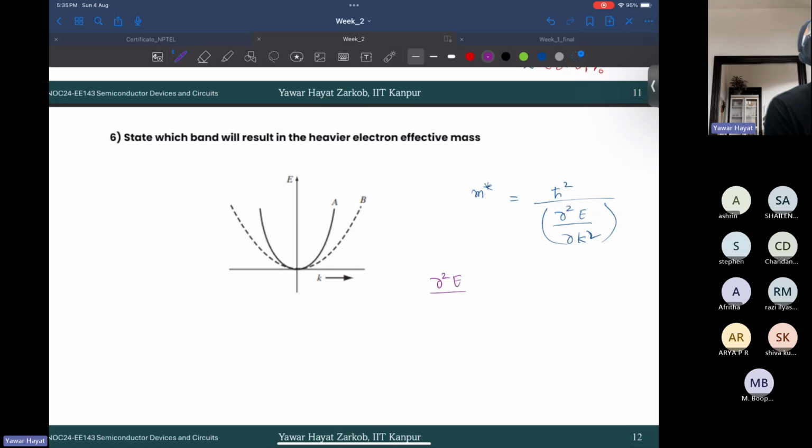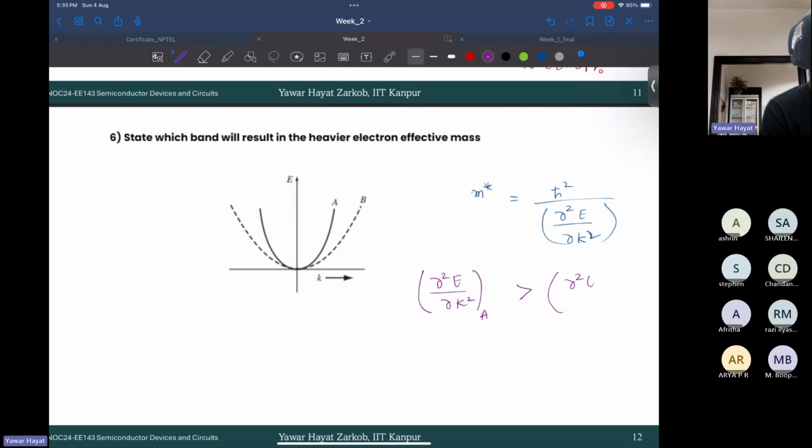So we'll write it in this way: since dou 2E by dou k square for A is greater than dou 2E by dou k square for B, right? Since A has more curvature than B, thus m star A would be less than m star B, right?